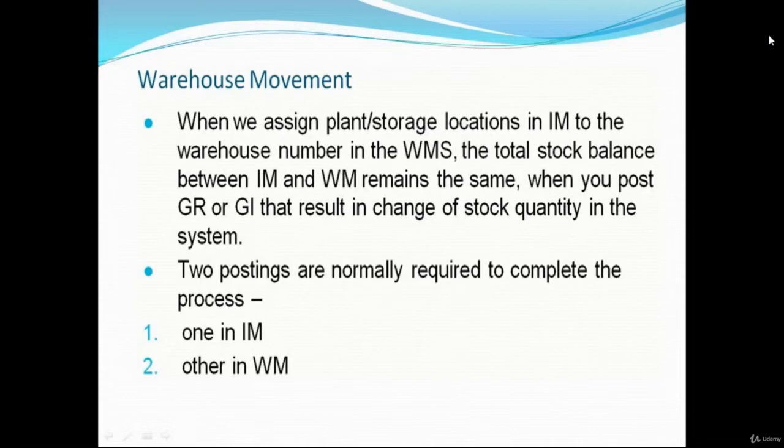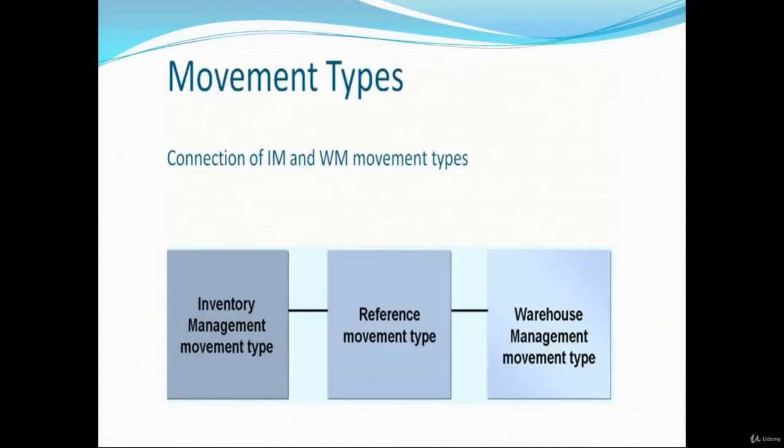we have certain characteristics that will trigger during the posting of each IM level activity. That means whenever we are doing the goods receipt in MIGO, we have movement type 101 that gets triggered.